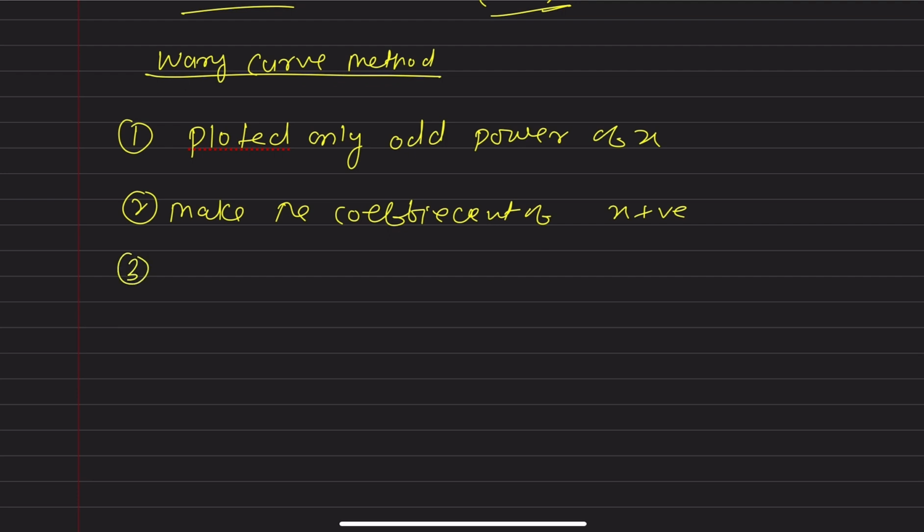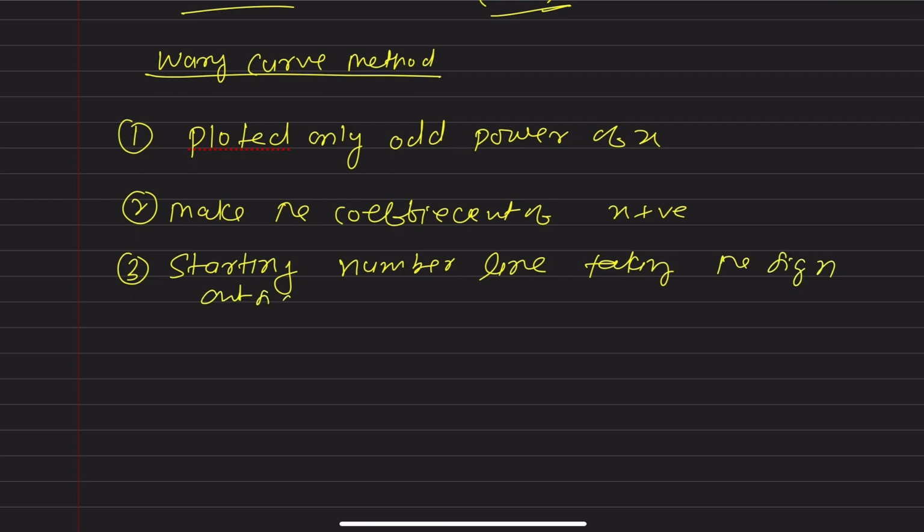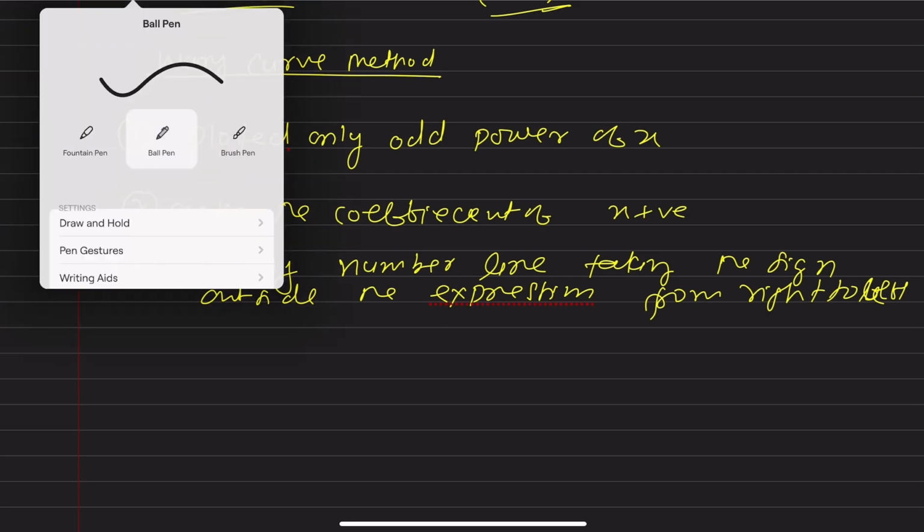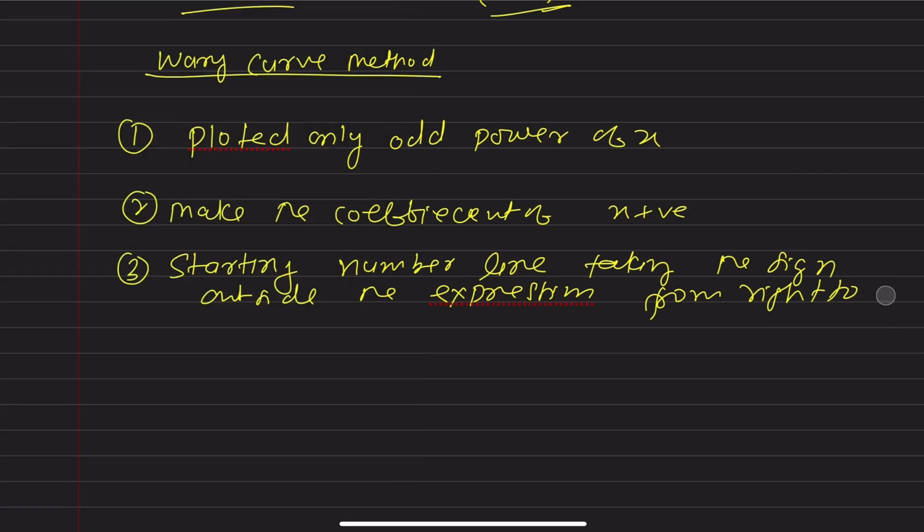Third, starting from the right of the number line, take the sign outside the expression, from right to left, alternatingly. It is important.